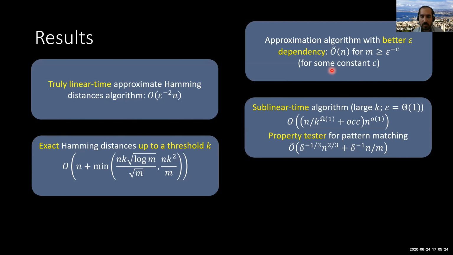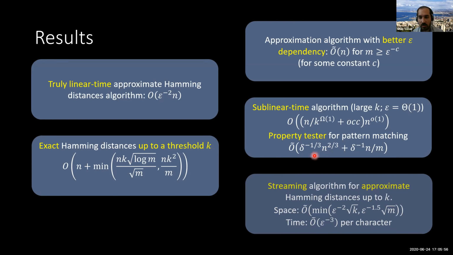And we show also that we can achieve sublinear algorithms for large Ks, and also it leads to a property tester that can decide, with high probability, whether there exists an exact match of the pattern in the text, or all the substrings of the text of length m are far, which means here at least delta times m far in the Hamming distance from the pattern.